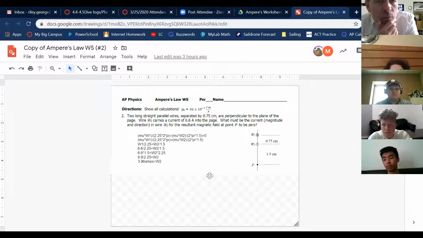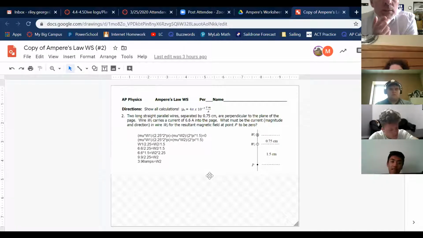Okay, so you said mu W1 divided by 2.25. Now, one thing is it's really in centimeters, but the nice thing is it'd be 2.25 times 10 to the negative second. And eventually you set these equal, so that negative second would end up factoring out. So let's see, then the mu's cancel.